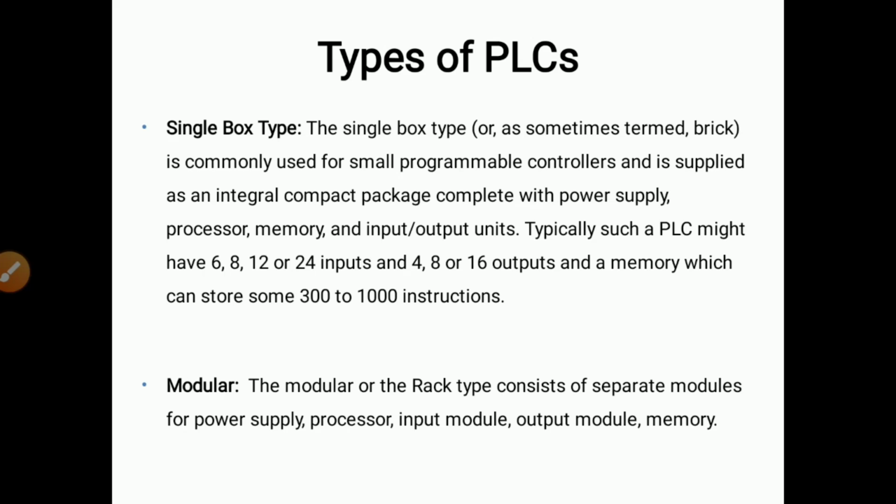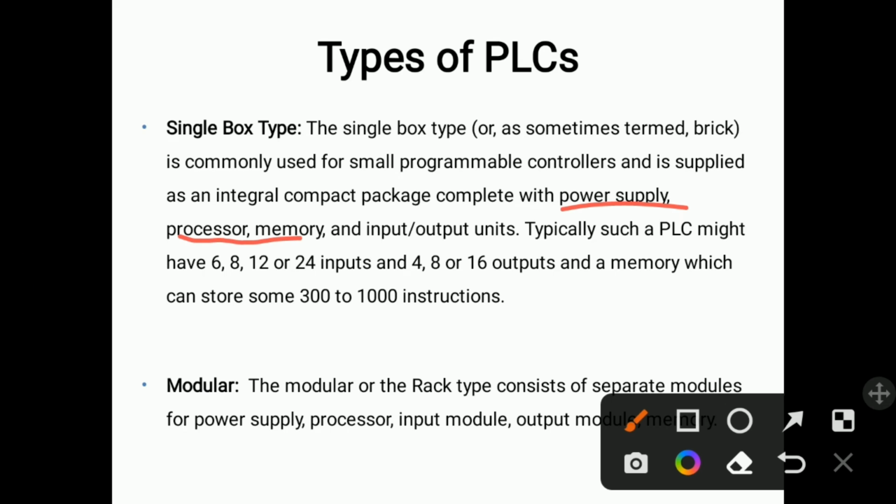Now, PLCs come in different types. The first type is the single box type. The single box type is commonly used for small programmable controllers and is supplied as an internal compact package complete with power supply, processor, memory and input output units. So a single box type consists of all the units inside it.